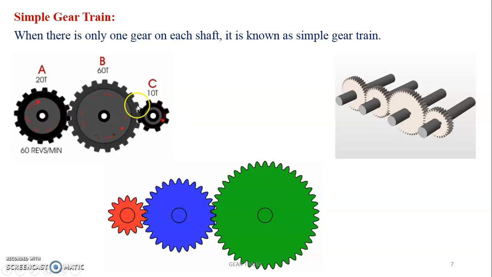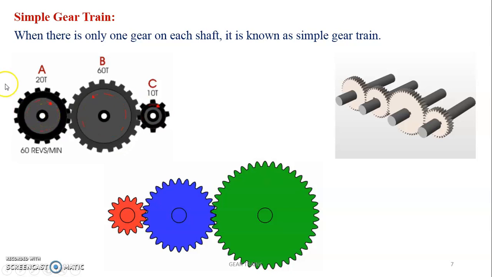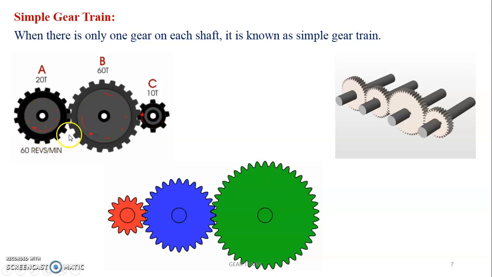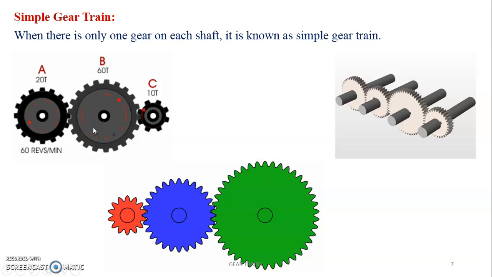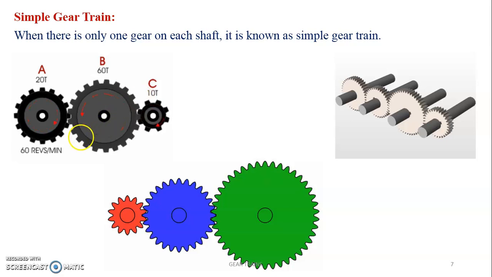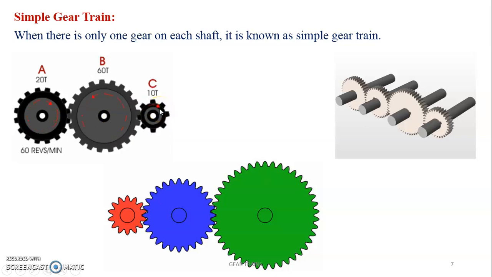Another thing to observe is, if gear A in this combination rotates in a clockwise direction, then since it is in mesh with gear B, in what direction does B rotate? In the opposite direction, right? Similarly, B is in mesh with gear C. So if B rotates in the anti-clockwise direction, then C rotates in the opposite, clockwise direction.